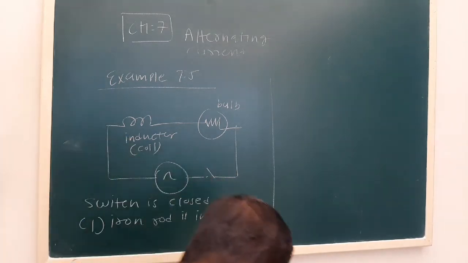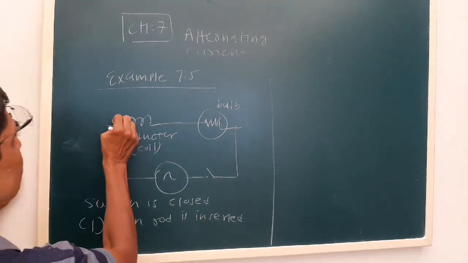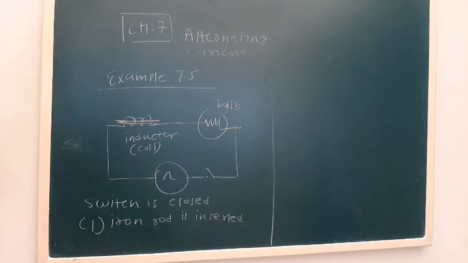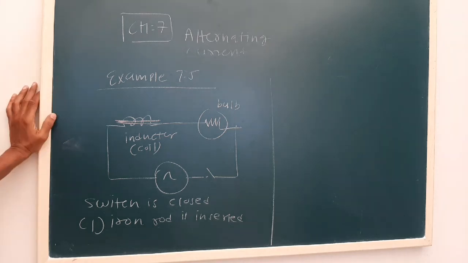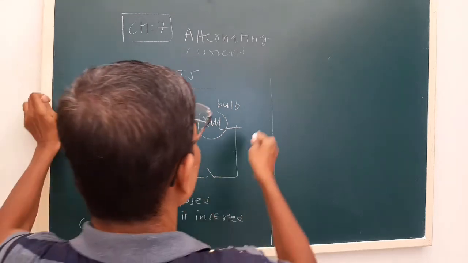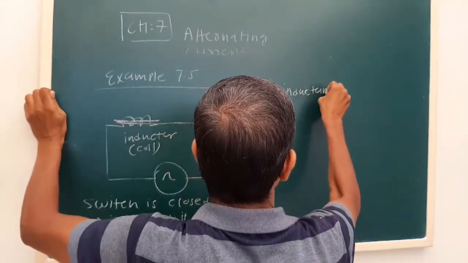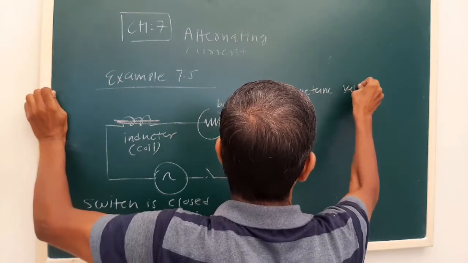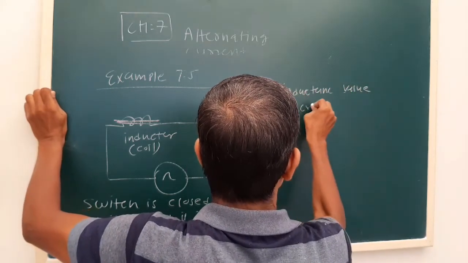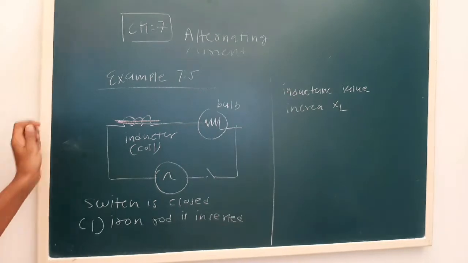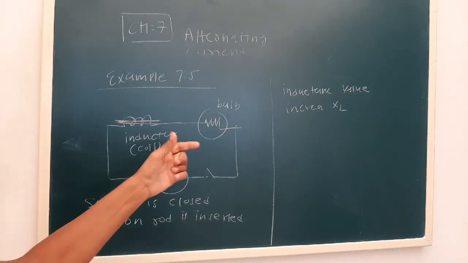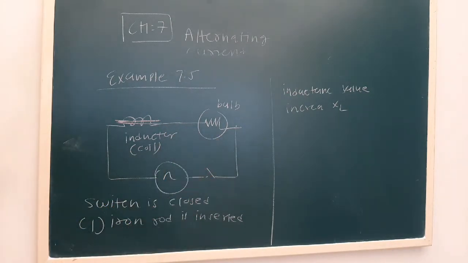When the switch is closed and the iron rod is inserted in this inductor, the inductance value increases. When XL increases, that will add to the total impedance. Why?